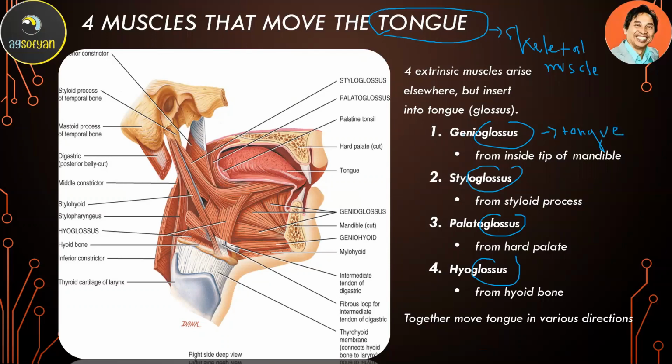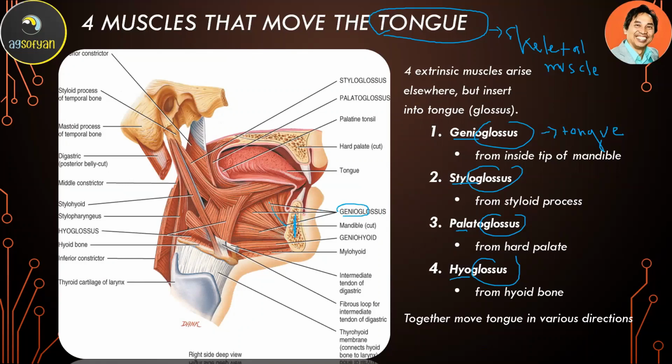The first word, genio, stylo, palato, and hyo, is actually telling you the location of the origin. This is the name of the bone that gives the tendon of origin for this glossus muscle, the tongue muscle. Genioglossus starts from the mandible.